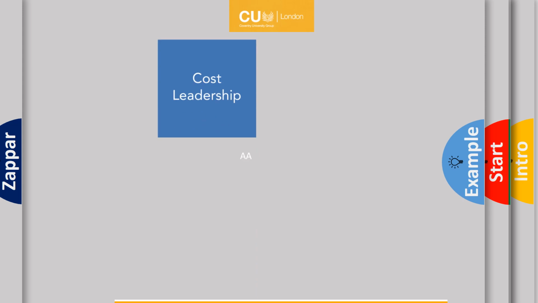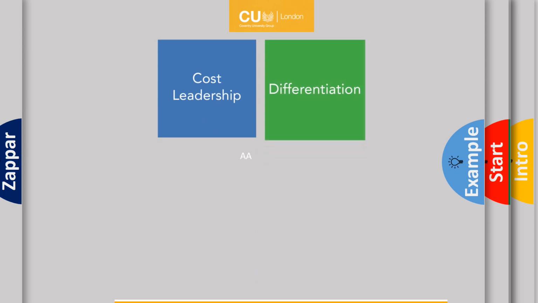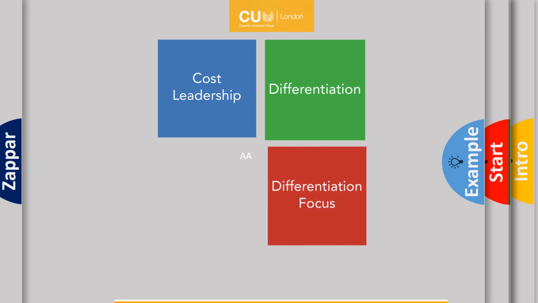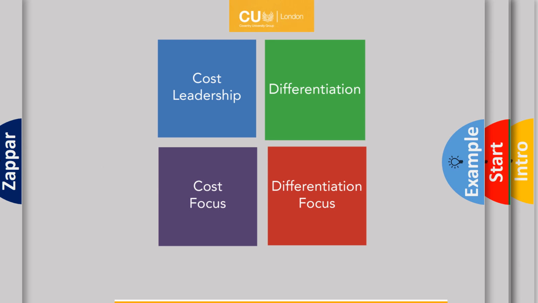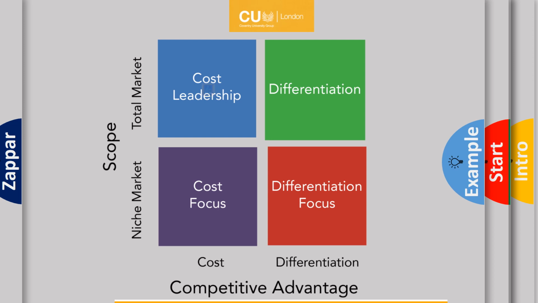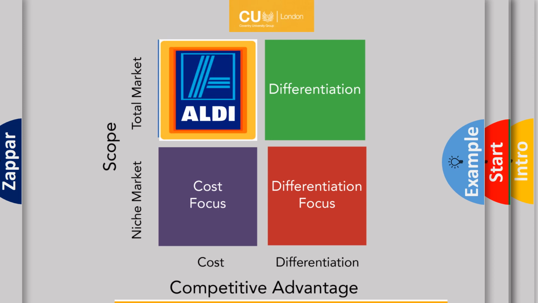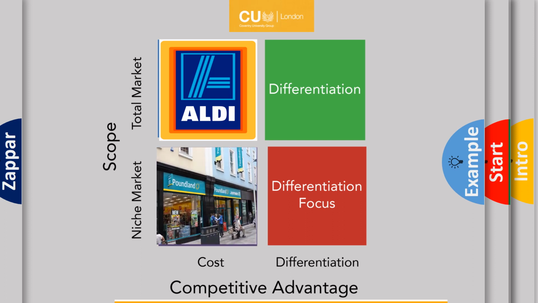So if we look at an example with Porter's generic strategies with cost leadership and differentiation, focus and cost focus. Well, if we take Aldi as being a low cost producer in the food retail market, then in terms of cost focus, low cost focus, we could see this with Poundland focusing on a limited range of retail products.